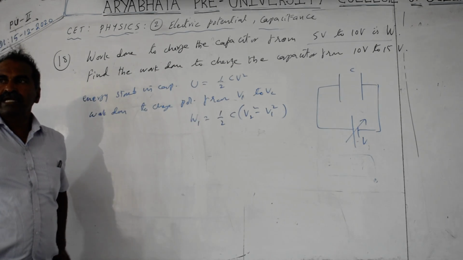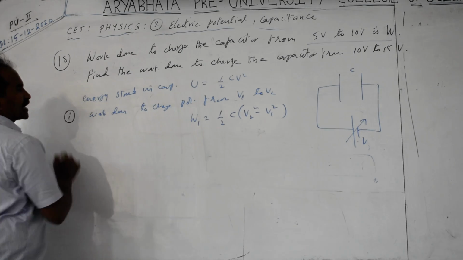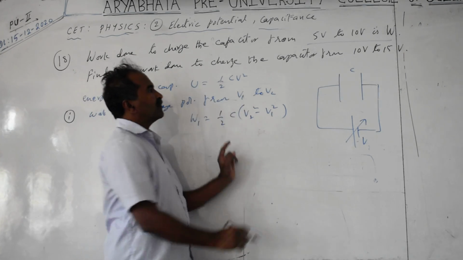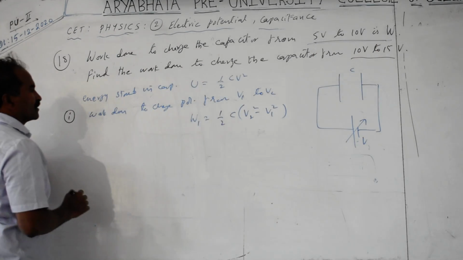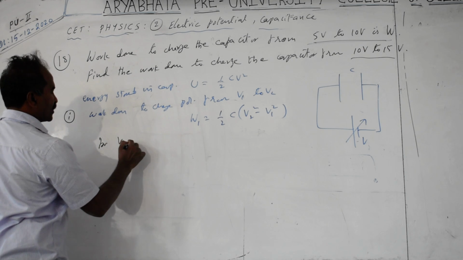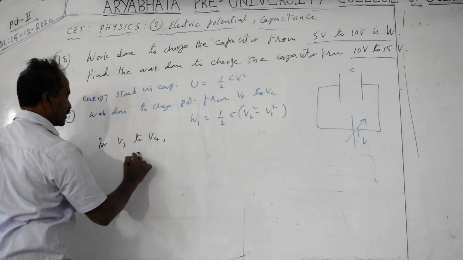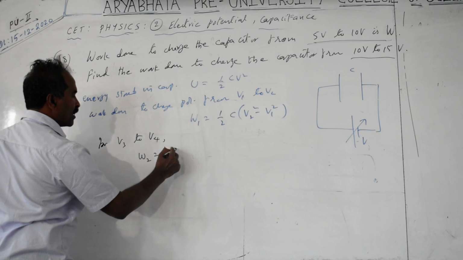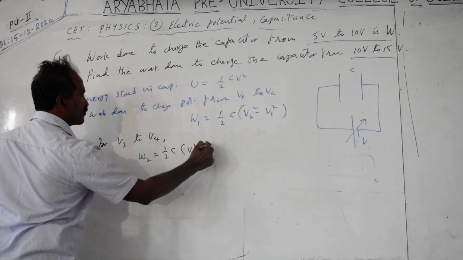Substitute the values into this. Later I will do the substitution. Next, this is the first case. Second case, voltage is changed from 10 to 15, first it was 5 to 10. For this I will take V3 to V4. W2 is equal to half C into V4 square minus V3 square.